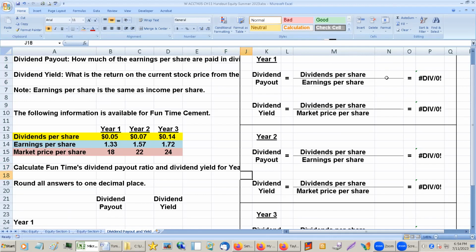So dividends per share is $5, and earnings per share was $1.33. So they're paying out 3%, almost 4% of their income as dividends.